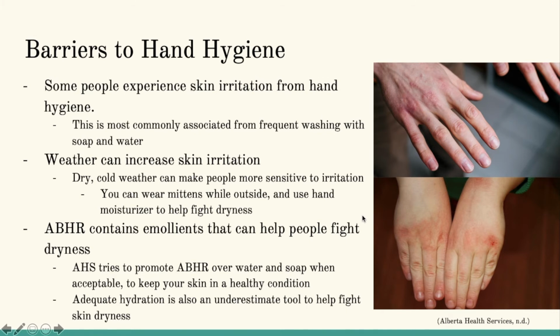I guess that's kind of gross, but it'll fight the dryness during the winter. And alcohol-based hand rub, I mentioned this before, it contains emollients that can help fight dryness. This is just a review of the last couple slides. AHS tries to promote alcohol-based hand rubs because of this.